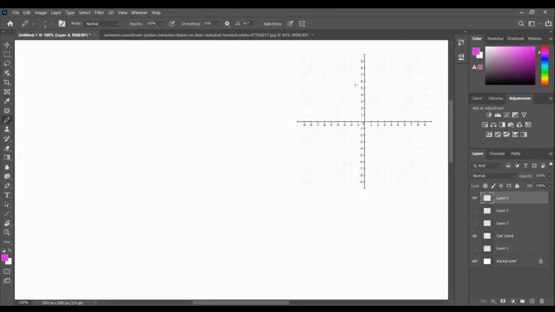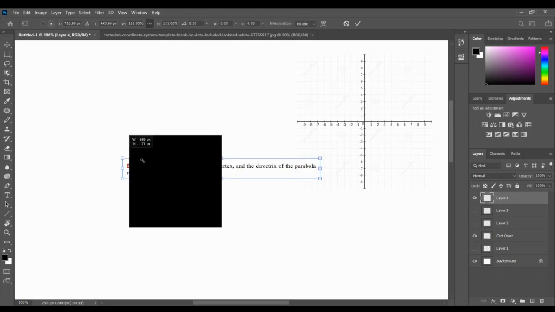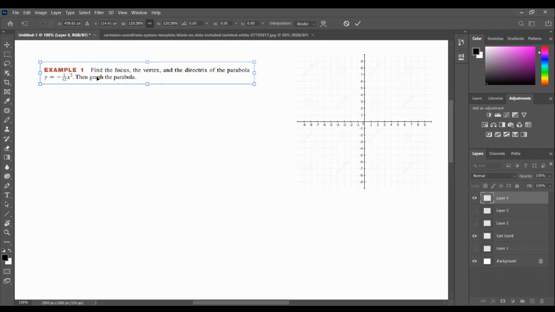Okay, maybe I'll just copy it over from the book since I have the book open, and that way I don't have to write everything out, and you can read it better. Okay, they give us an equation and they ask us to find the focus, the vertex, and the directrix of the parabola.